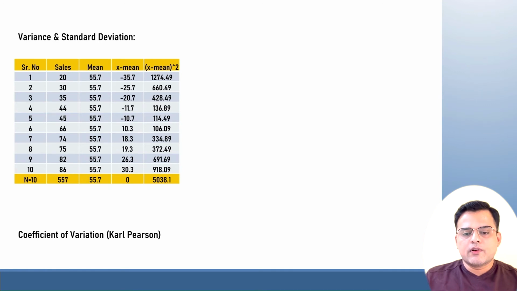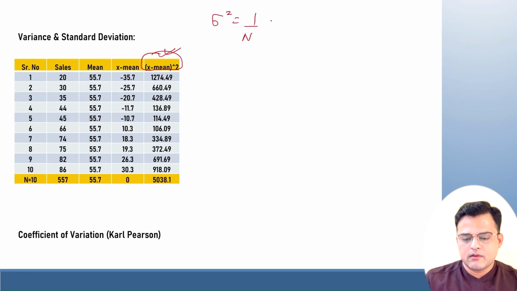In this one, instead of taking the absolute value, we take the square. My population variance is sigma square equal to 1 by n, sum over i equal to 1 to n, of (xi minus mu) whole square.